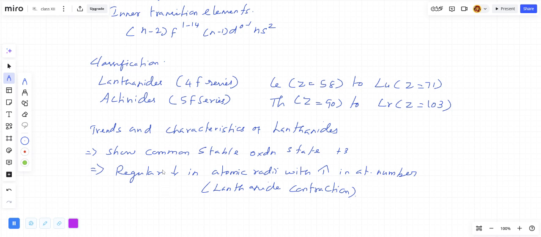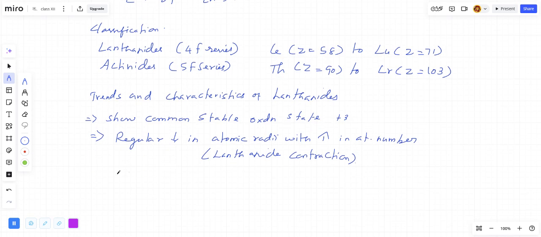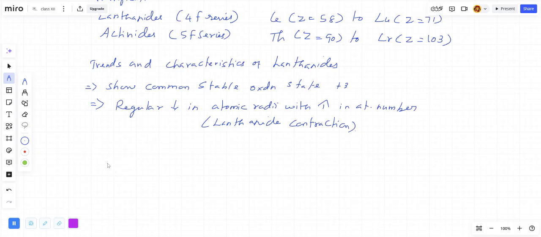Okay. So then they have low ionization enthalpy, and high boiling point and melting point. They form colored compounds.